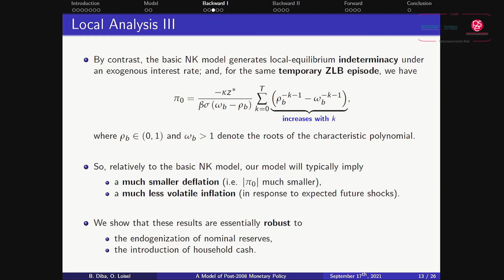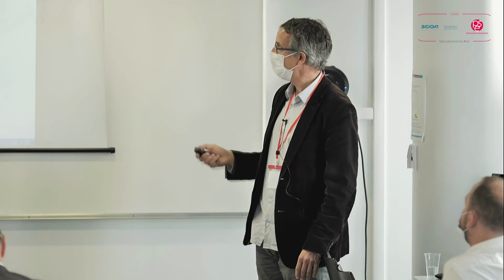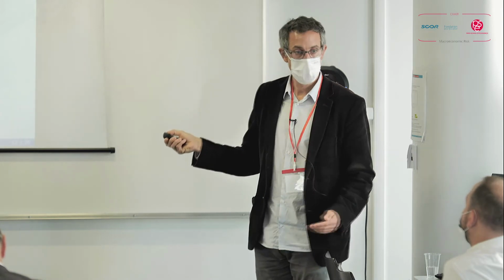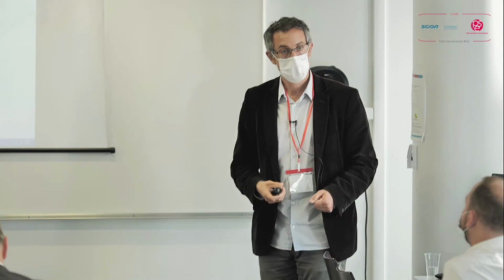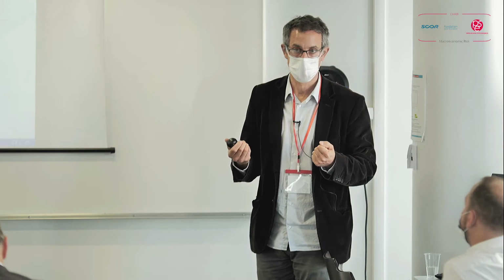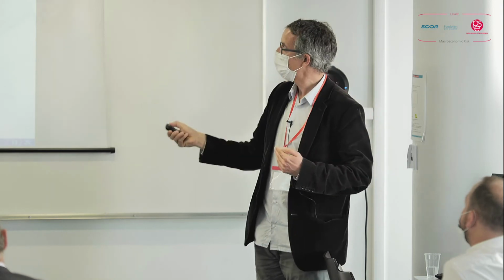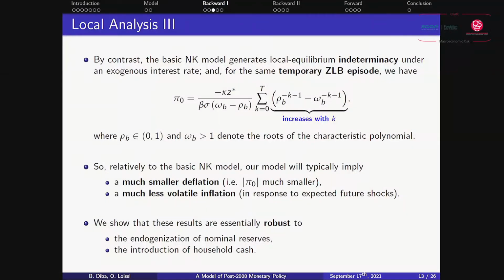When you do exactly the same experiment in this model, so there's a temporary ZLB episode caused by a large negative discount factor shock, you also get the sum of these coefficients, but this time these coefficients are essentially increasing exponentially with the horizon of the shocks, K. So as the expected duration of the ZLB episode increases, cap T increases, this sum here goes to infinity, and there is a minus sign here, so you've got more and more deflation, but that explodes, okay, exploding deflation.